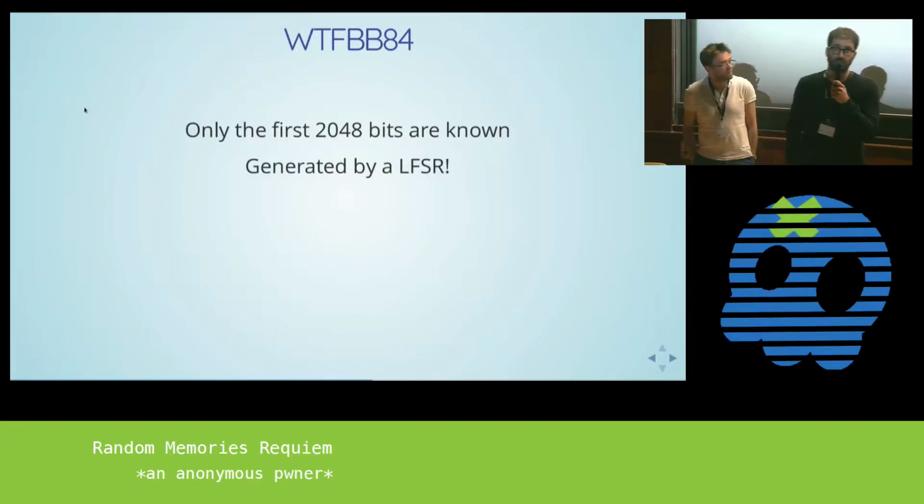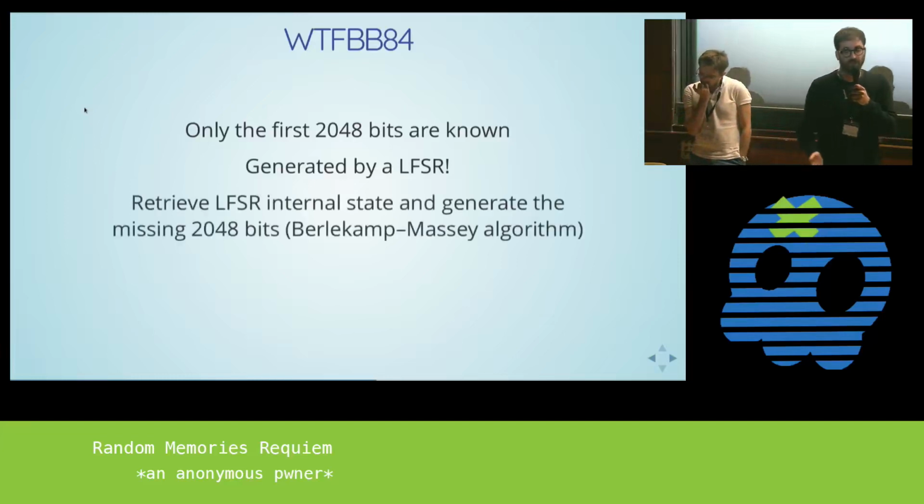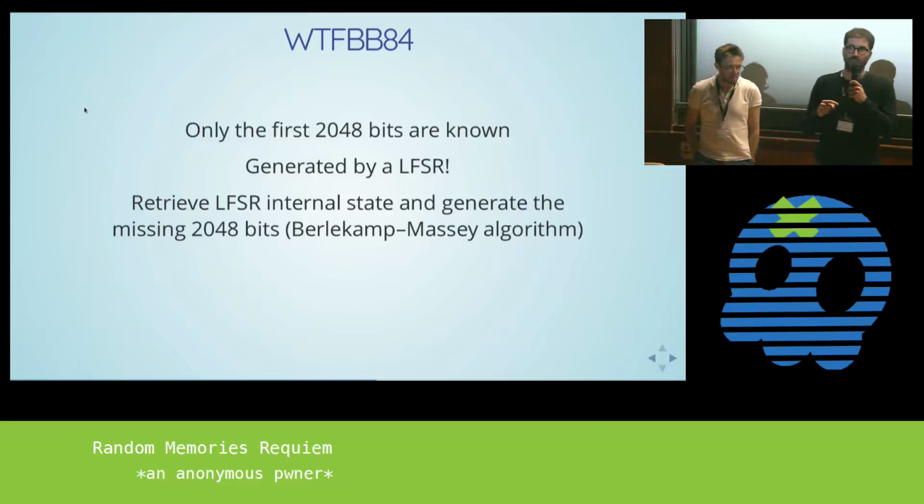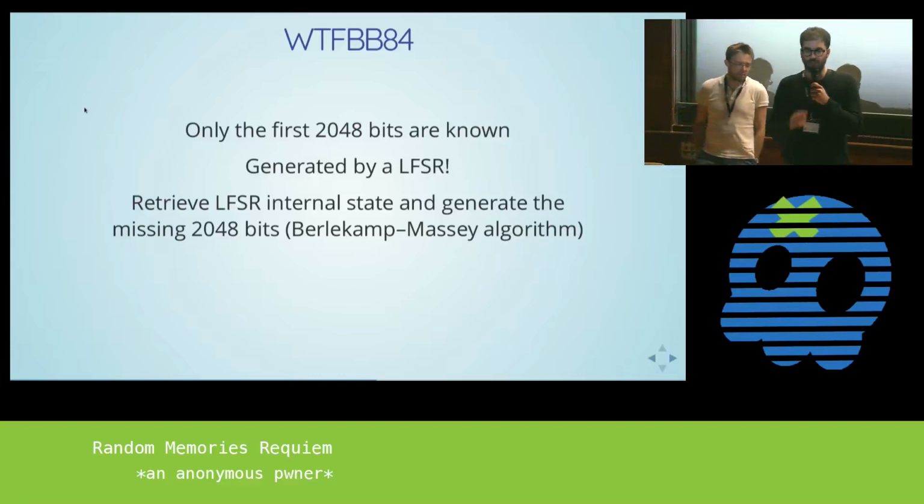So for this, we look at the implementation, and we see that they are generated with the LFSR. And an LFSR has a good property: if you know a part of the output, enough bits, you can compute the whole internal state of the LFSR, and so you can generate a long output.